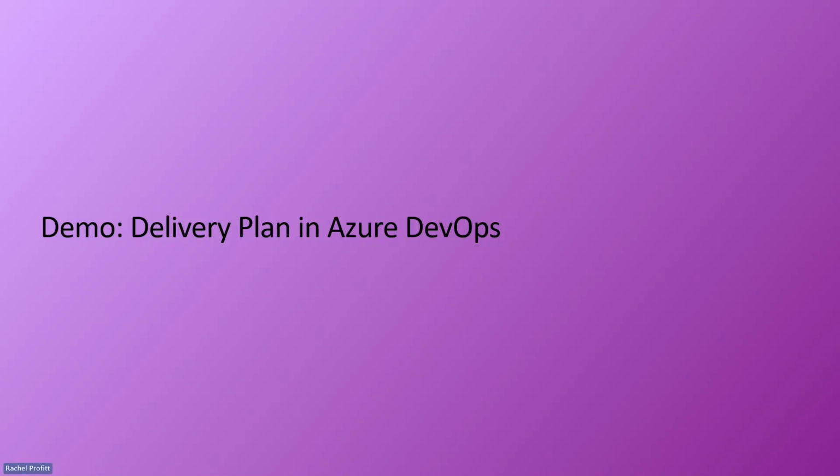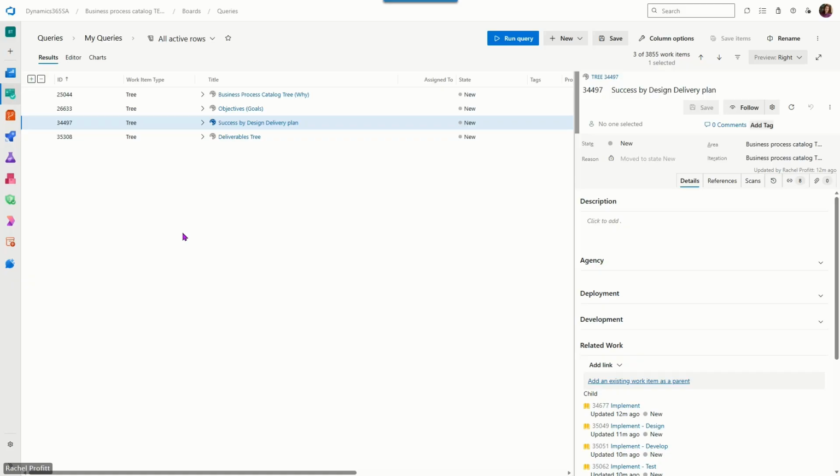So now what I'm going to do is a short demonstration for you of the delivery plan in Azure DevOps. So I'm here in Azure DevOps and I'm going to expand. You'll notice that we've got folders for each of the phases. I'm going to back up just a hair here.